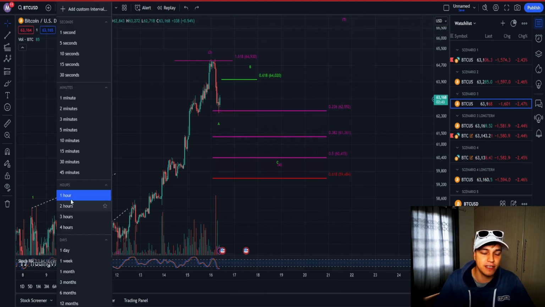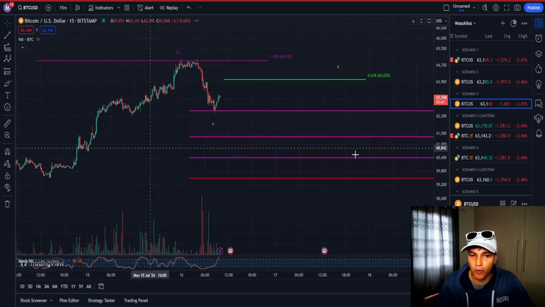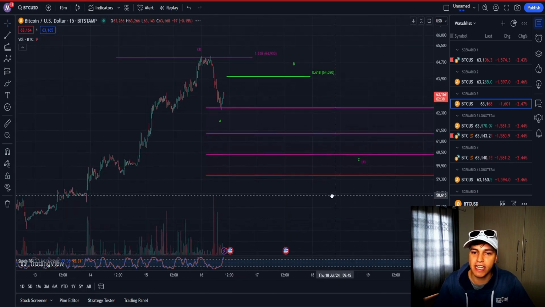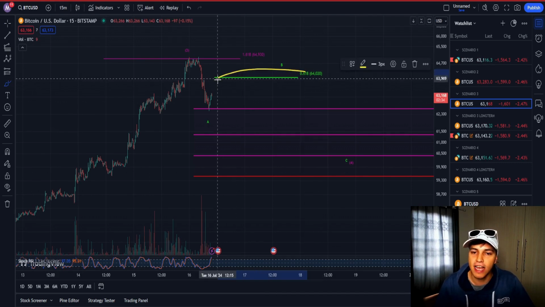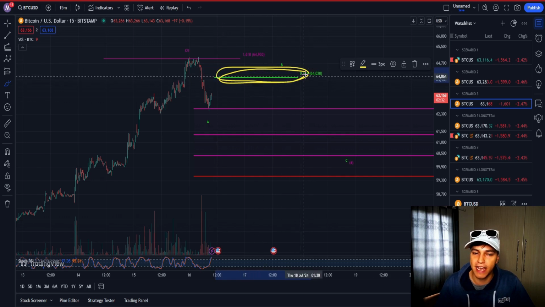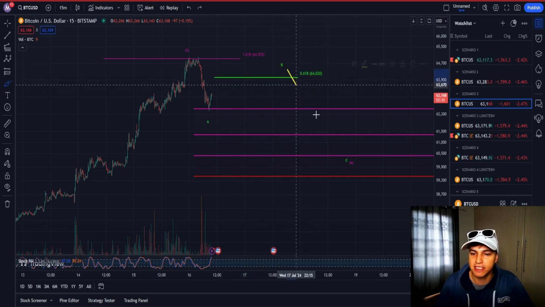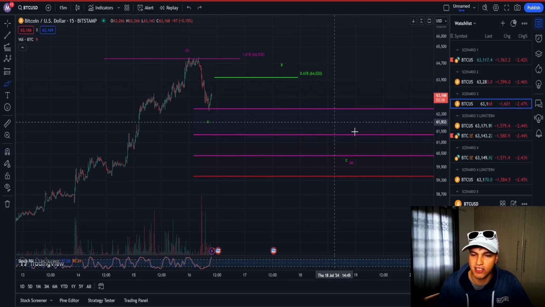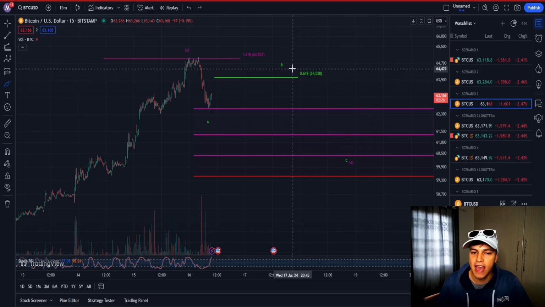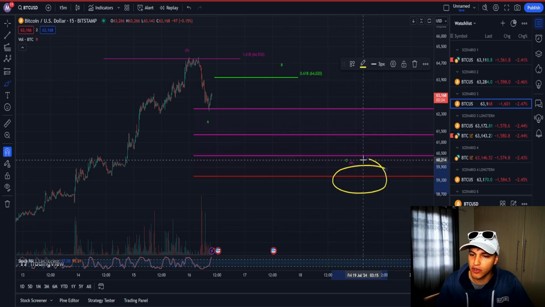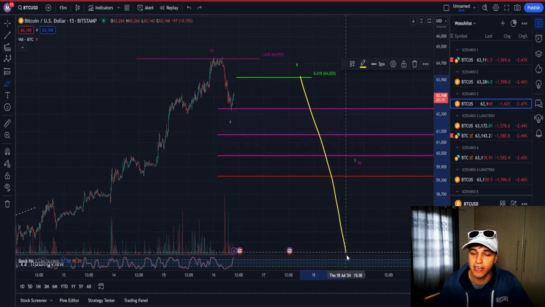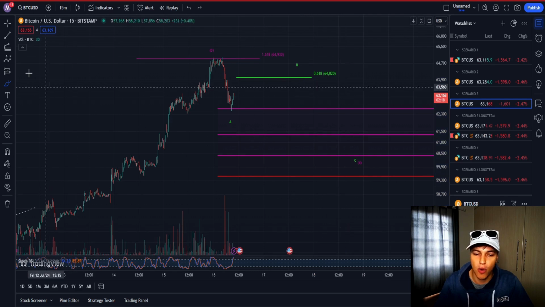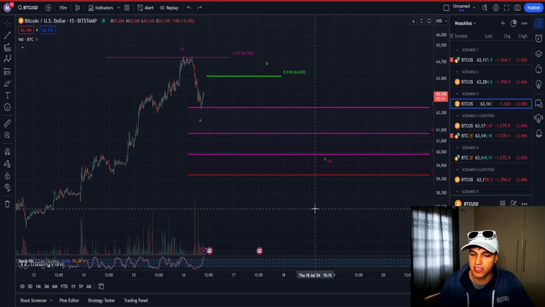On the 15-minute time frame, which I wouldn't recommend trading now, as trading a B wave is very, very dangerous, a short from off the 0.618 is a possibility, targeting that $60,000 region. And if the 0.618 is hit, that 15-minute trade could be targeting much lower prices. But let's see how everything goes.